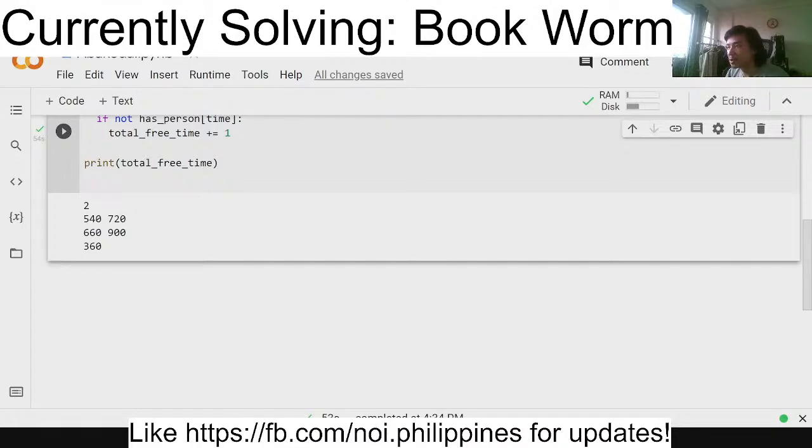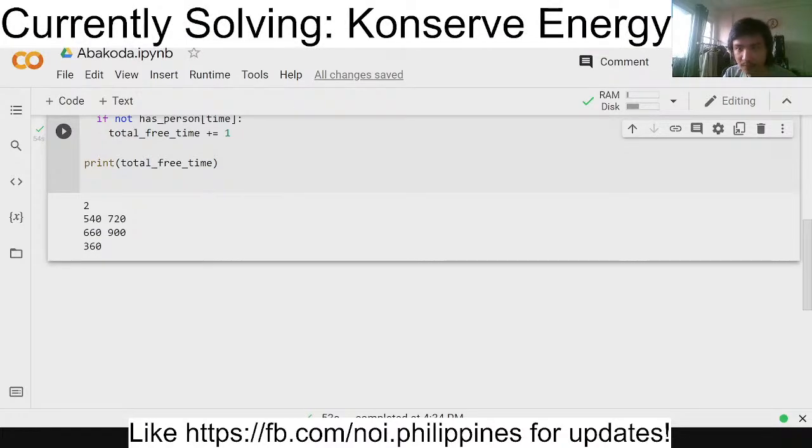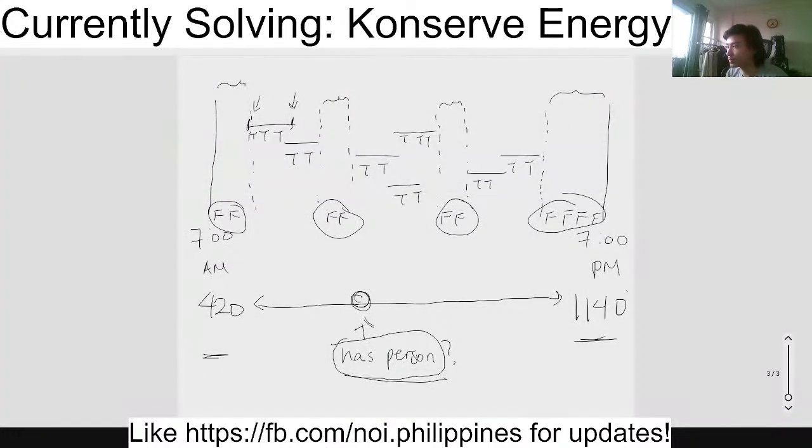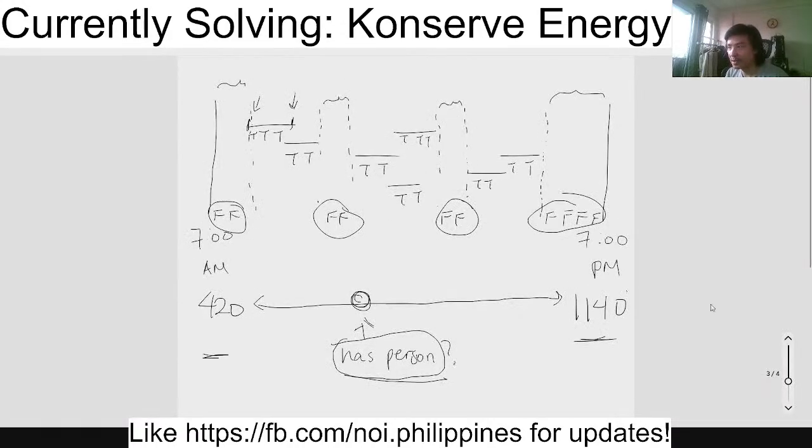Okay, so I guess the more interesting problems are K and D. So let's go there now. So problem K. Okay, so actually, the scenario in problem K is basically the same as problem B. The story is just slightly different.